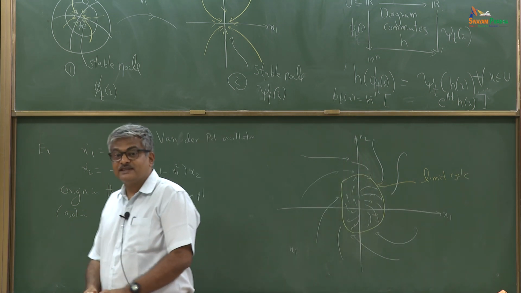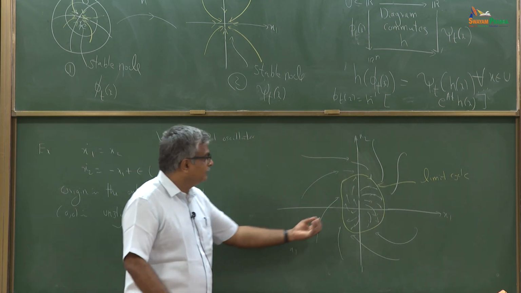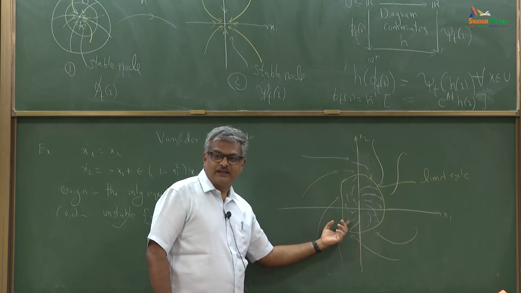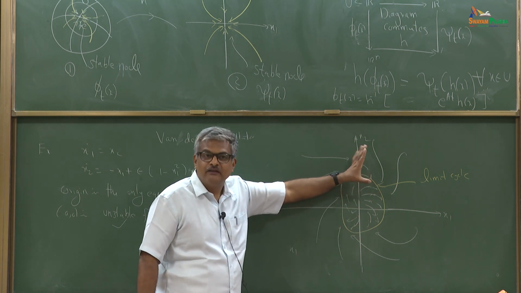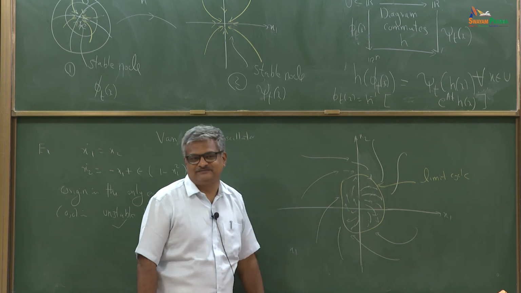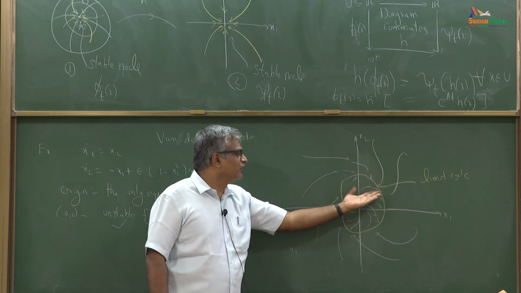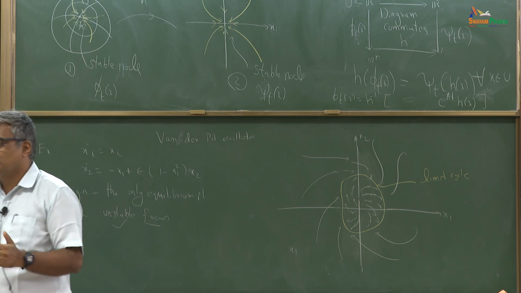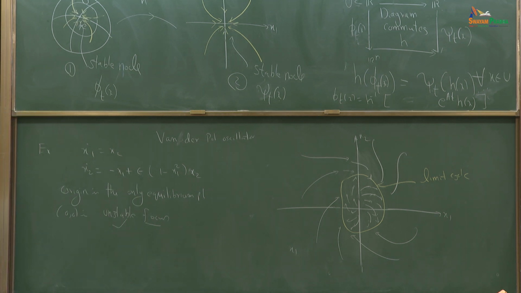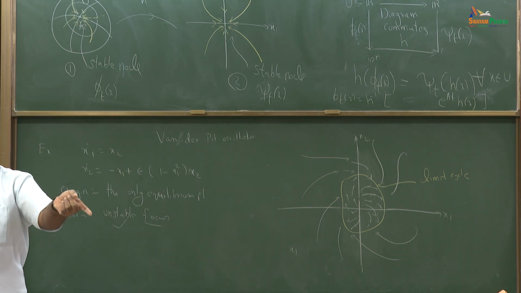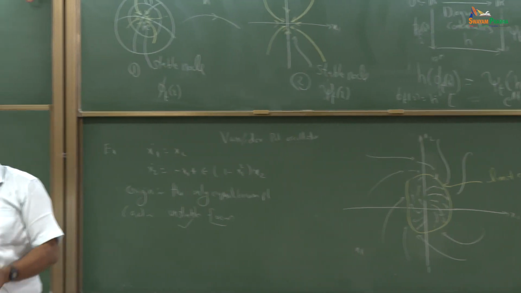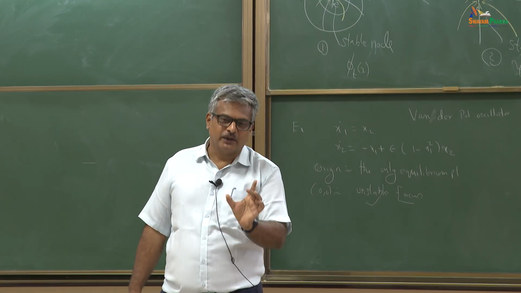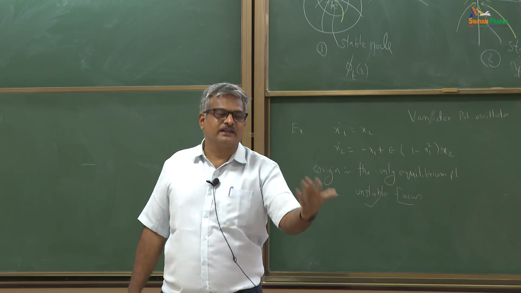So the robustness here is to any perturbations about this limit cycle, right? That means if you perturb it, where will it go? It will come back. You either perturb this side or this side, right? That is the robustness, which is not possible in a linear oscillator. Why? If you perturb it, it will go to another periodic oscillation. You designed the oscillator for one periodic solution, but if there are perturbations, it goes to another periodic solution.